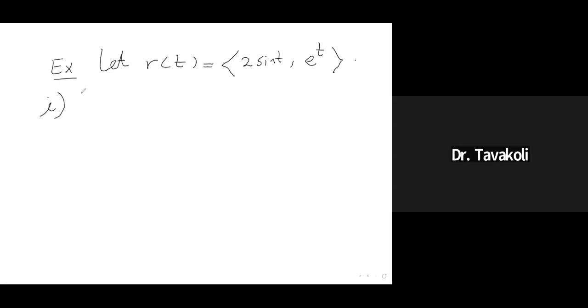Part 1, find r prime of t. This is quite simple. So I differentiate each of these two components. The derivative of 2 sine t is 2 cosine t, and the derivative of e to the t is e to the t.